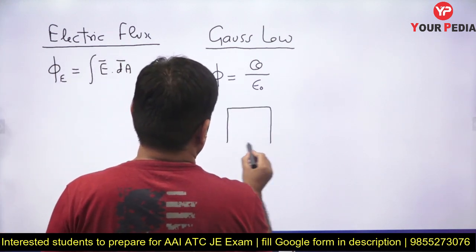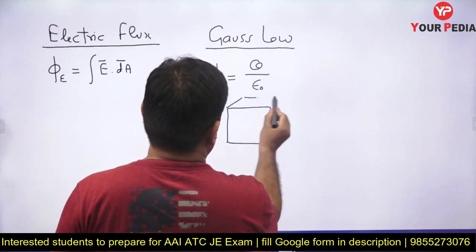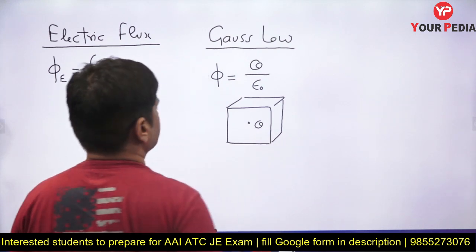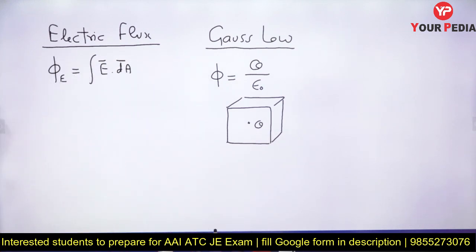If I give you a diagram of a cubic shaped body, let us say there is a charge Q inside this cube, then what is the total electric flux which will come from this particular surface outside? That will be Q, total charge enclosed, divided by epsilon naught. That is Gauss law.